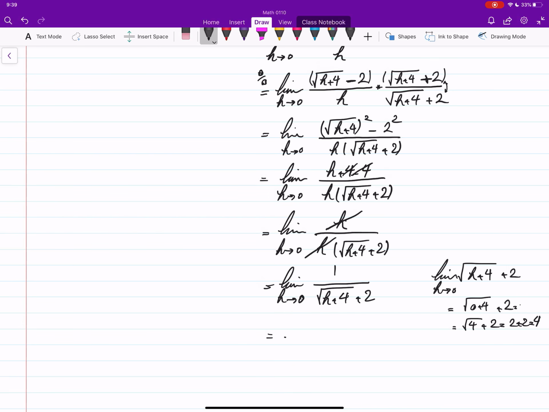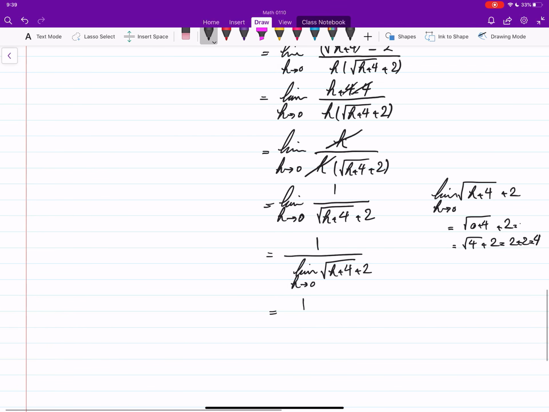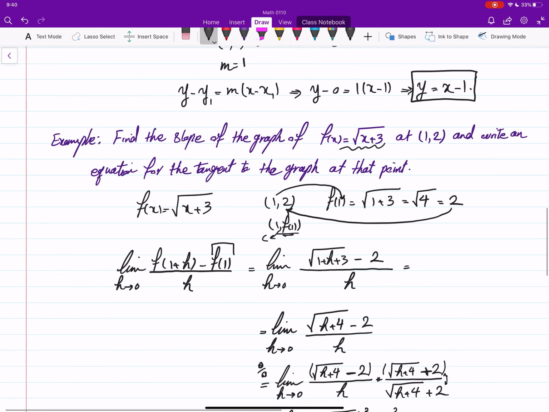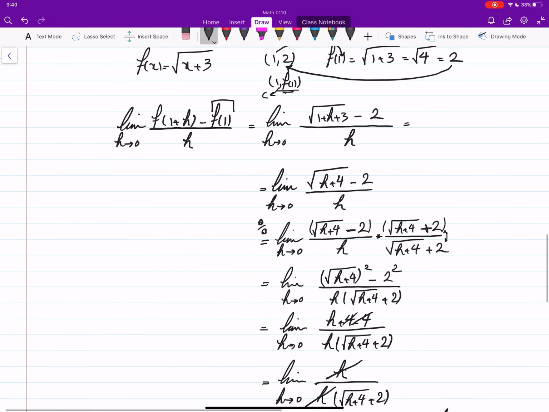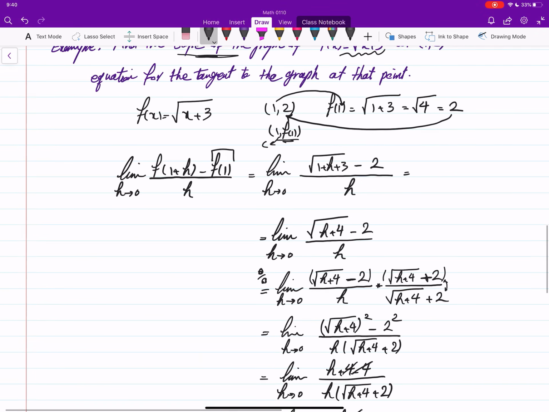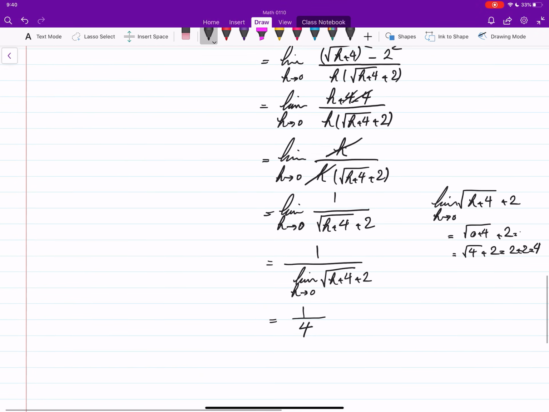That means that we can do the quotient law, and that is how we find 1 over 4. What we found doing all this work is that the slope of the tangent line to the graph of the function at the point (1, 2) is 1 over 4.